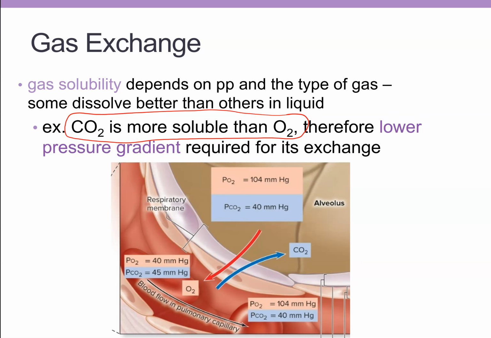Therefore, a lower pressure gradient is required for its exchange. That's why you're able to get enough of that CO2 moving into the alveoli from the blood. You don't need a high pressure gradient here because the CO2 is more soluble than the oxygen is. And the opposite is true for the oxygen. The oxygen is less soluble, so you need a higher concentration gradient in order for it to move into the blood from the alveolus.